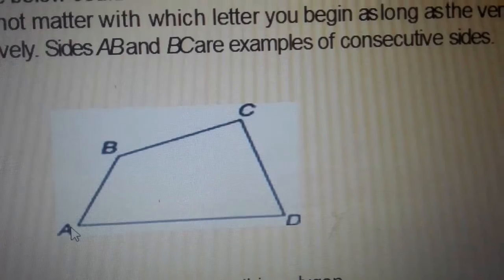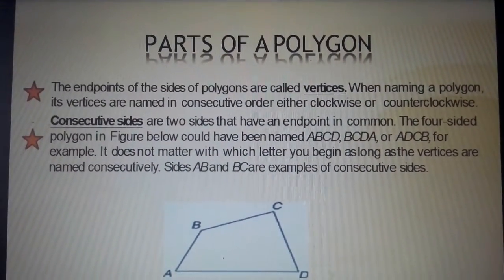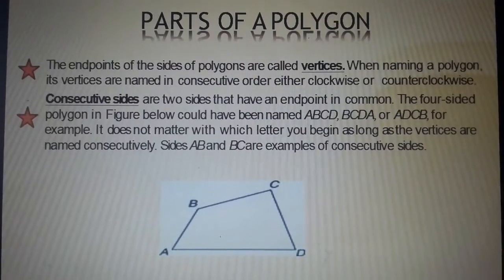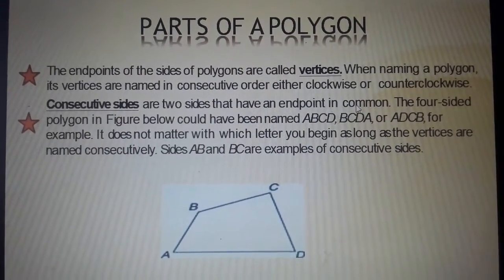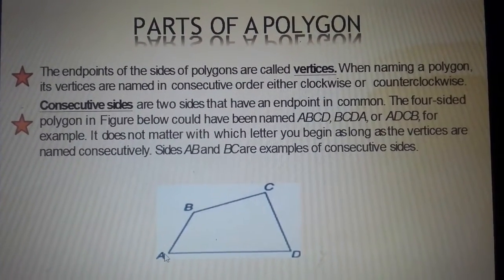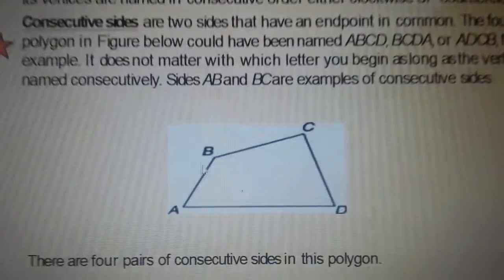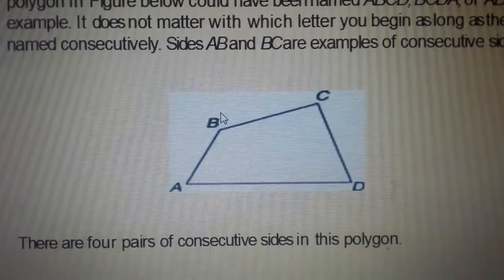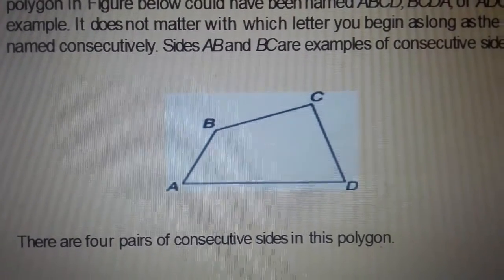Like this we can write the names. Consecutive sides are two sides that have an end point in common. Consecutive side means continuous side. Look here, AB, BC. For this, B is the common one.